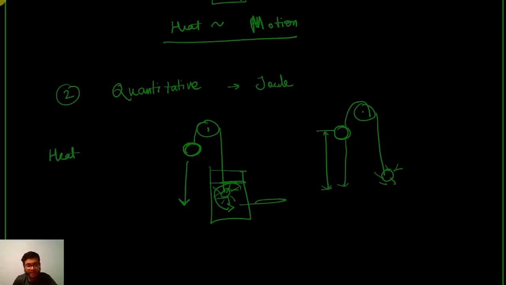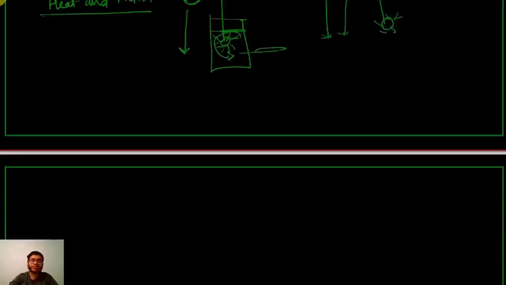heat and motion. That is the famous source of the formula 1 calorie equals 4.18 joules. And this heat and motion, they were the same thing. So it was proven that heat of a body is just the microscopic motion.